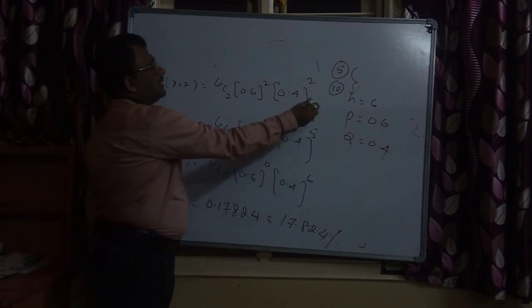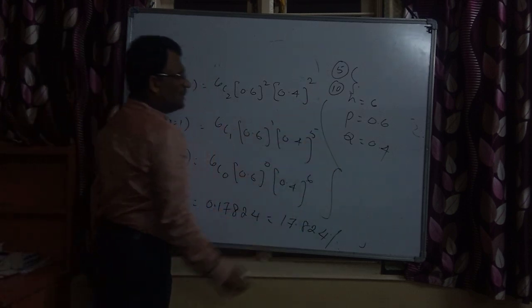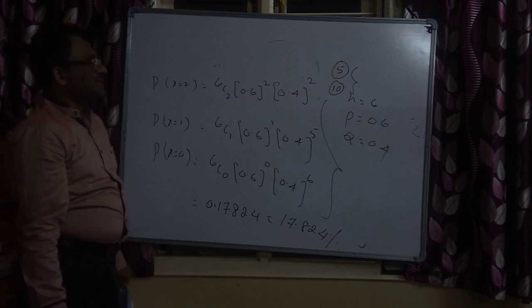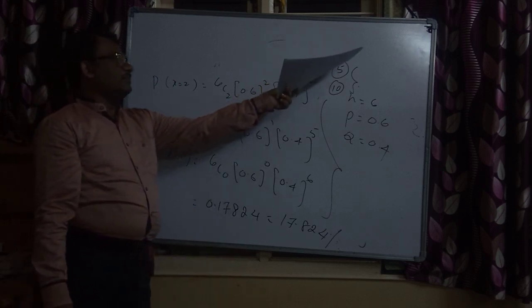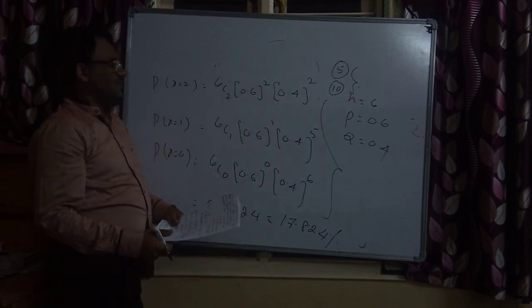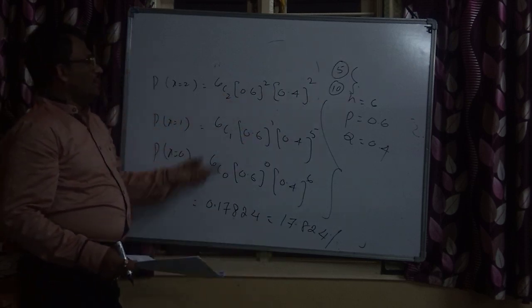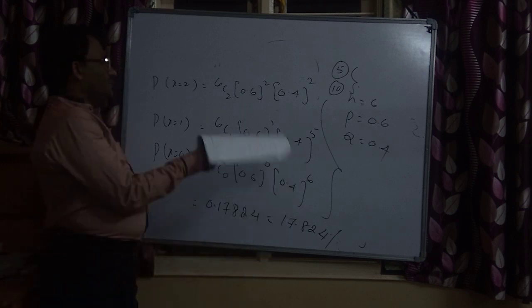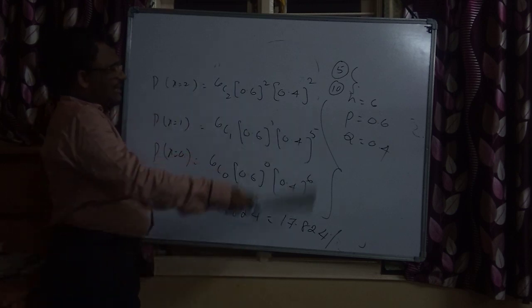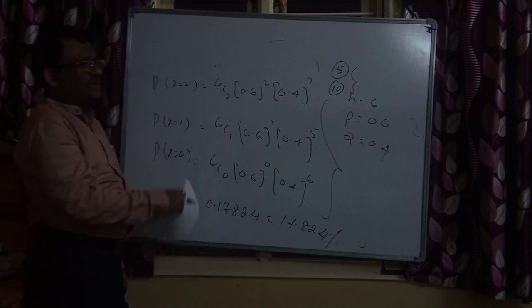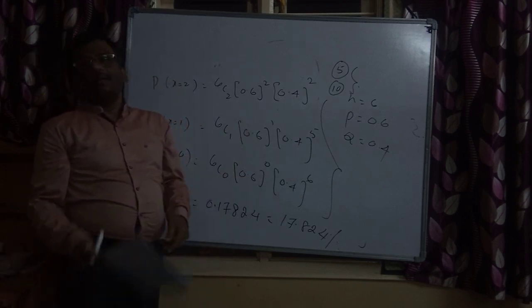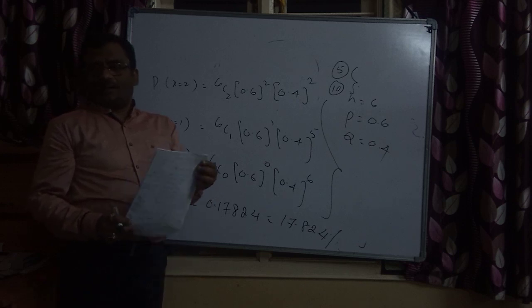As your question paper pattern changes, it may be 5 or 10 marks that you can expect from this. You can keep changing your p and q values, your n values, and your x values 1, 2, 3, 4, maximum, minimum, at least, at most, and all, and that is going to be your learning. That's it. Thank you very much.